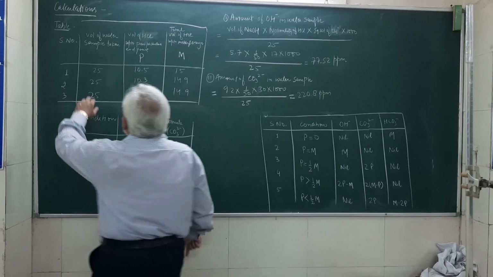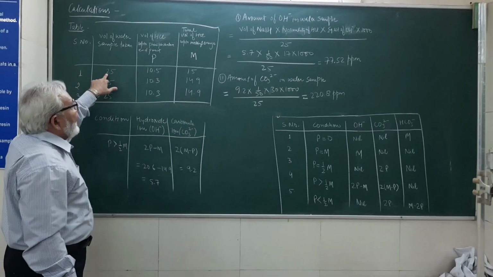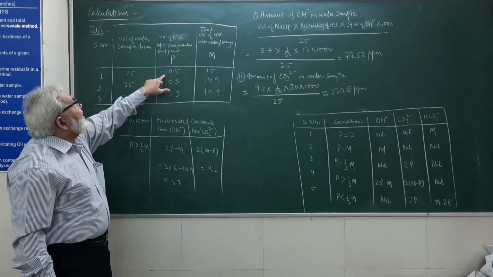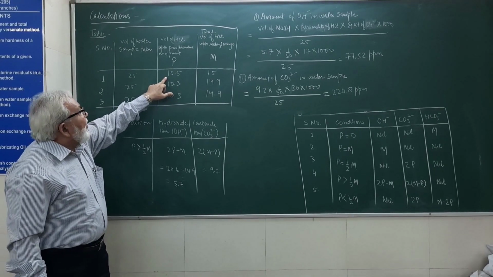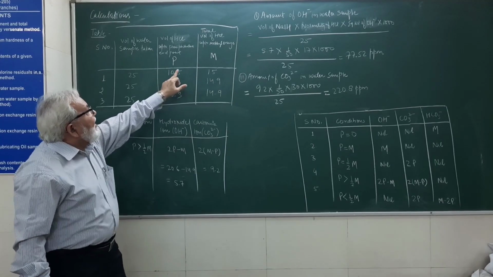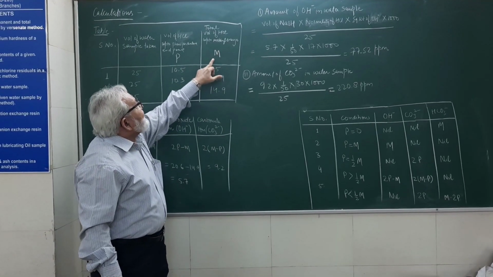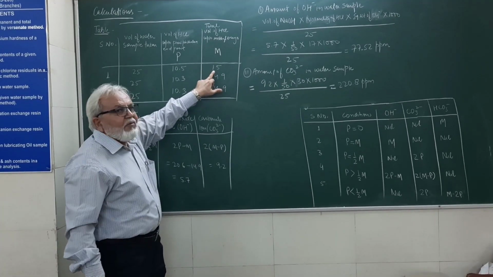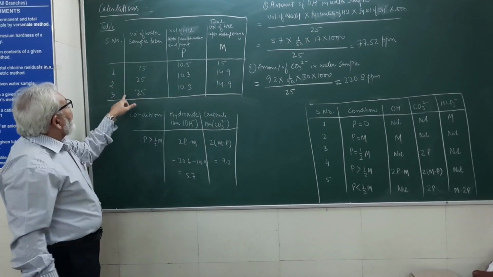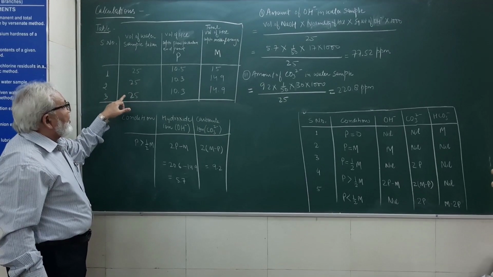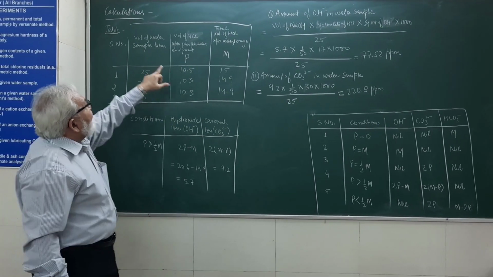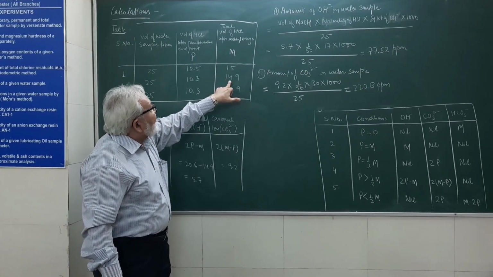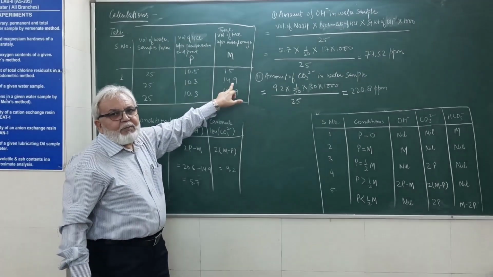You can see that 25 ml of water sample was taken in the first titration, and we obtained the volume of HCl consumed up to the phenolphthalein endpoint equal to 10.5 ml, and the total volume up to the methyl orange endpoint, represented by M, equal to 15.0. And then in the other two readings, 25 ml water sample was taken, while the phenolphthalein endpoint comes at 10.3 ml and the methyl orange endpoint comes at 14.9.